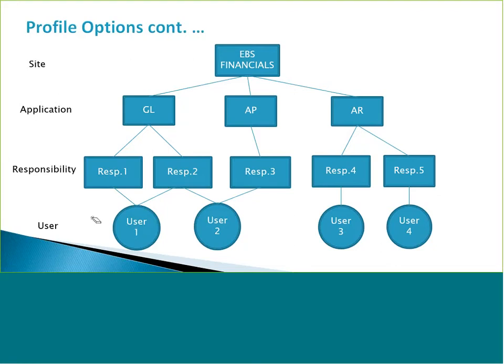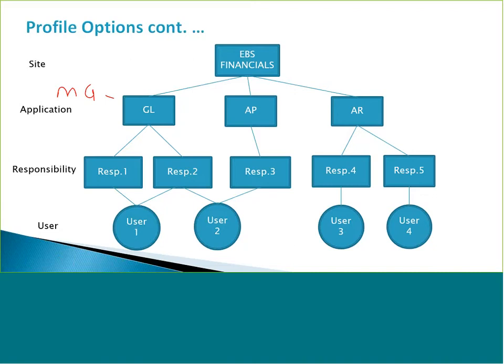If user 1 logs in, so let me put Mascani up here. So we assign it at the application level, all right? And we don't assign anything at the responsibility or at the user level, all right?